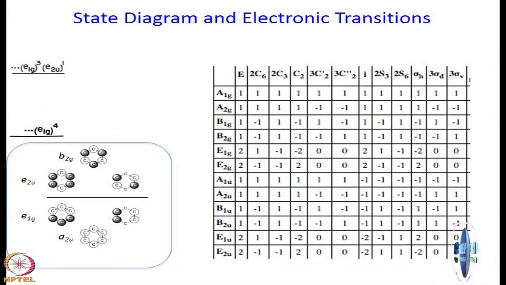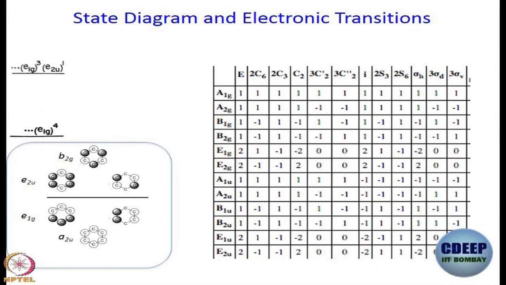Now, you agree with this, that for the ground state, how many pi electrons are there? 6. How will they be filled? 2, 2, 2. So, A2U2, E1G4, and all the MOs that are there are doubly occupied. So, what will be the symmetry of the state in that case, ground state?